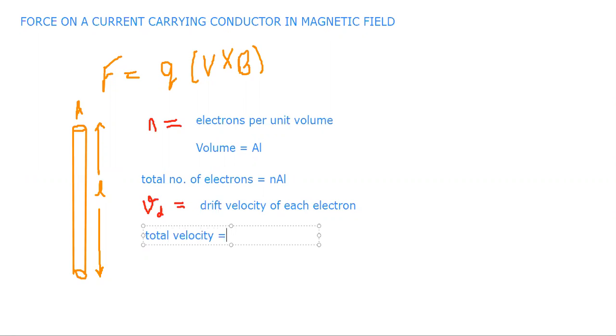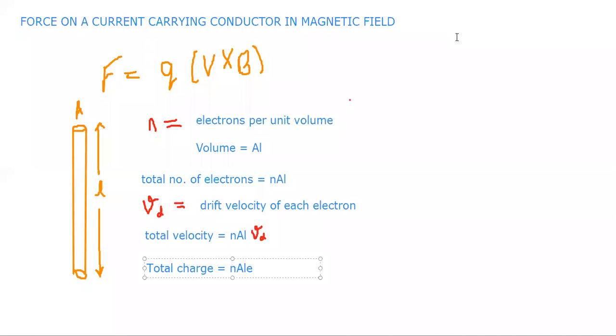We have NAL electrons, so the total velocity would be NAL Vd. Now if e is the charge on each electron, then the total charge would be NALe. So I have found the total velocity and the total charge.